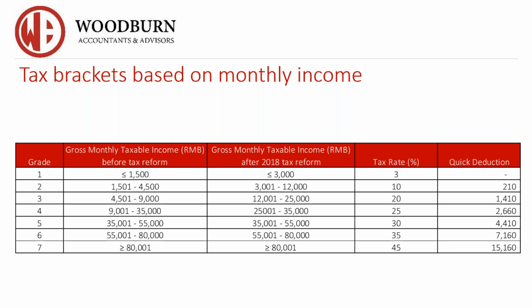And the tax brackets for 30, 35, and 45% remain the same as before. So there are no changes in those categories. And again, it's just a matter of understanding that you've got to make your calculation from a monthly to an annual, although in reality, it's not like that.